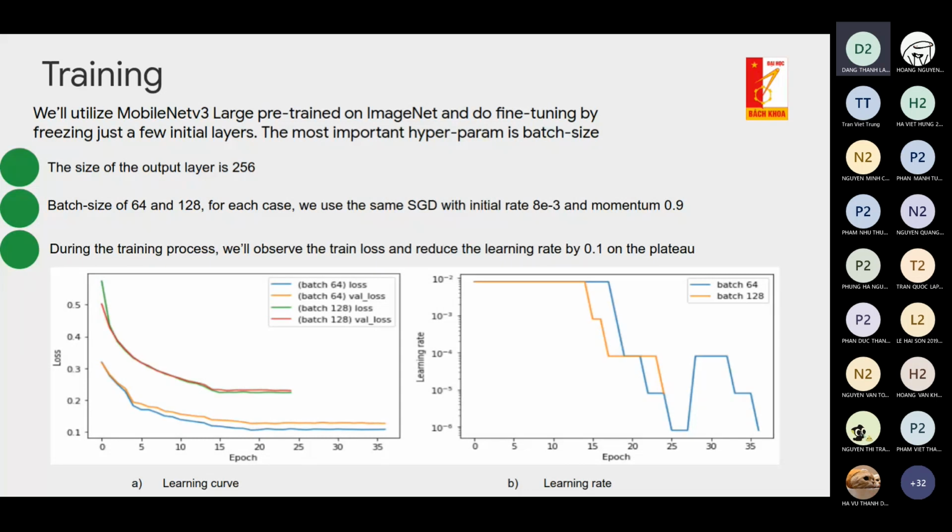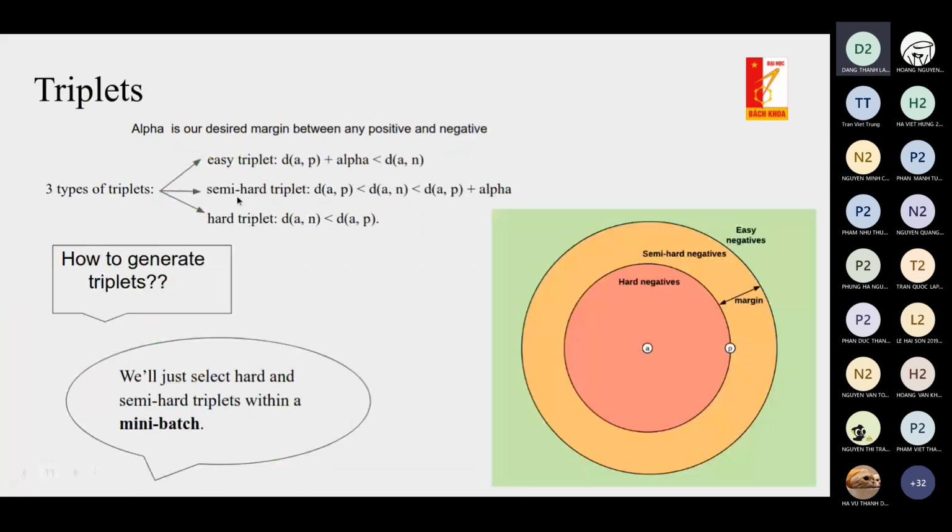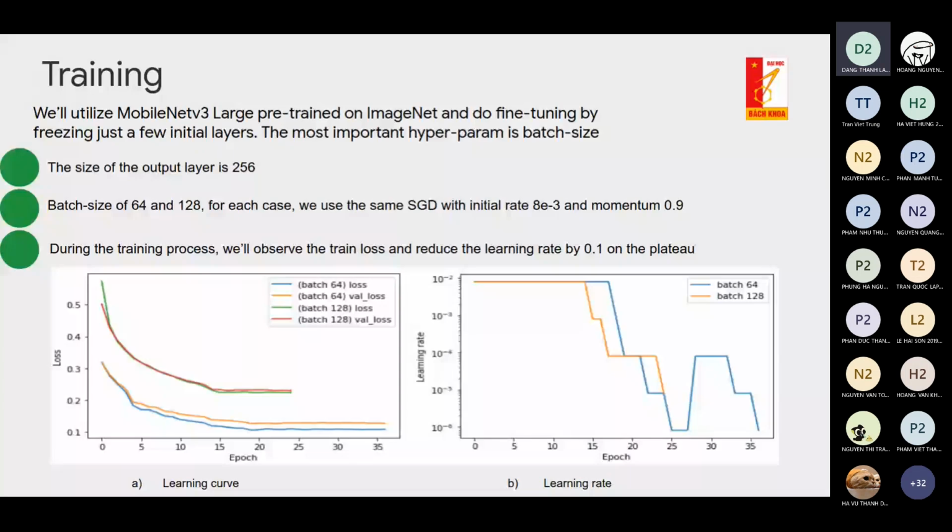Okay, so when we train the embedding model, we have to make triplets, right? And in the process of making triplets, we have to choose instance images. If the batch size is too small, the variety of triplets in each batch is not good.